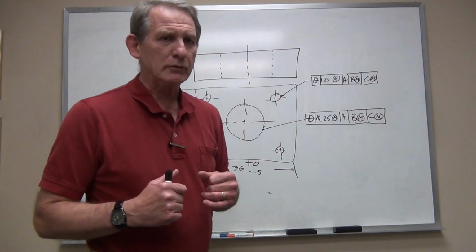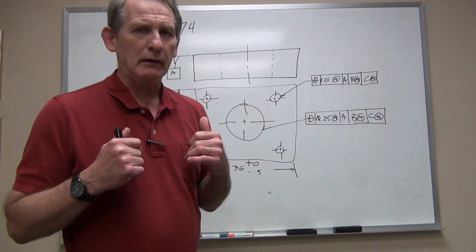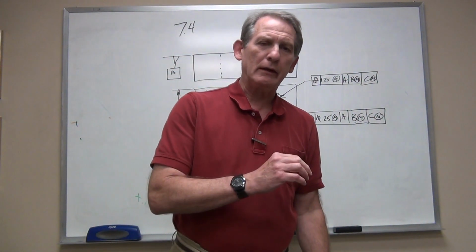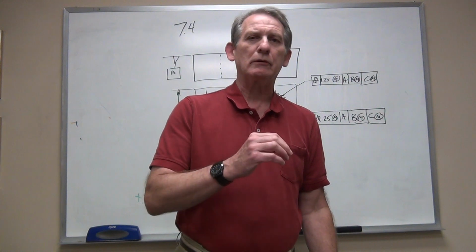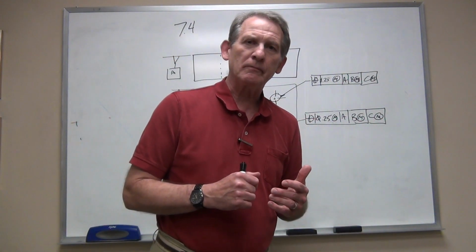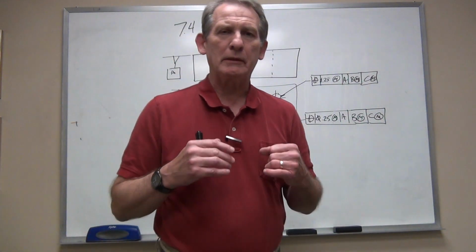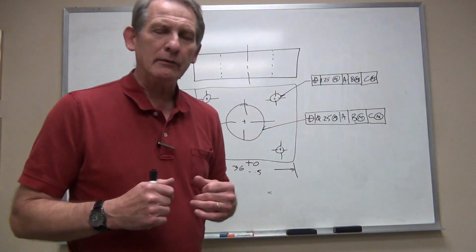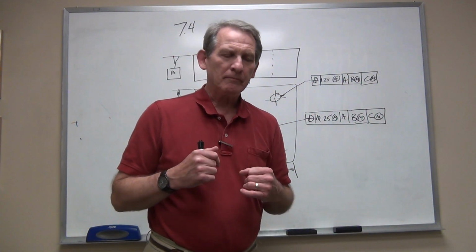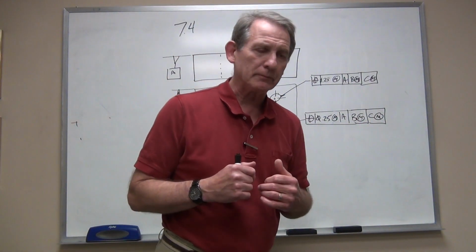The datum letters are sort of stuck on the surface or on a feature of size, and we've seen already that we can use the material condition modifiers to adjust the size of the tolerance zone based on the size of the feature, and we can also use that material condition modifier to adjust the tolerance zone based on the size of the datum features.